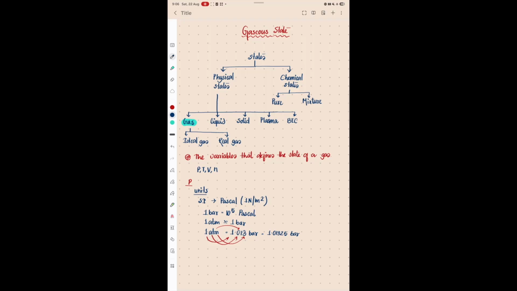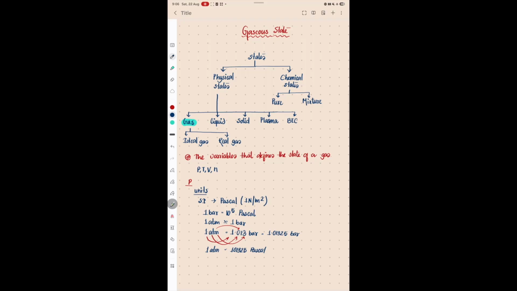So if I now convert 1 atm to Pascal, it will be 101325 Pascal, because I have multiplied by 10 to the power 5.